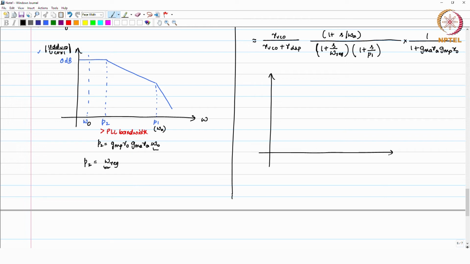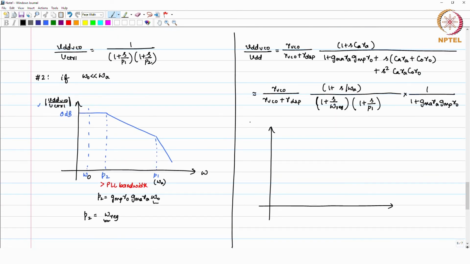I am going to plot this transfer function, the supply noise rejection to the control voltage of the VCO, or VDD VCO, with respect to omega.